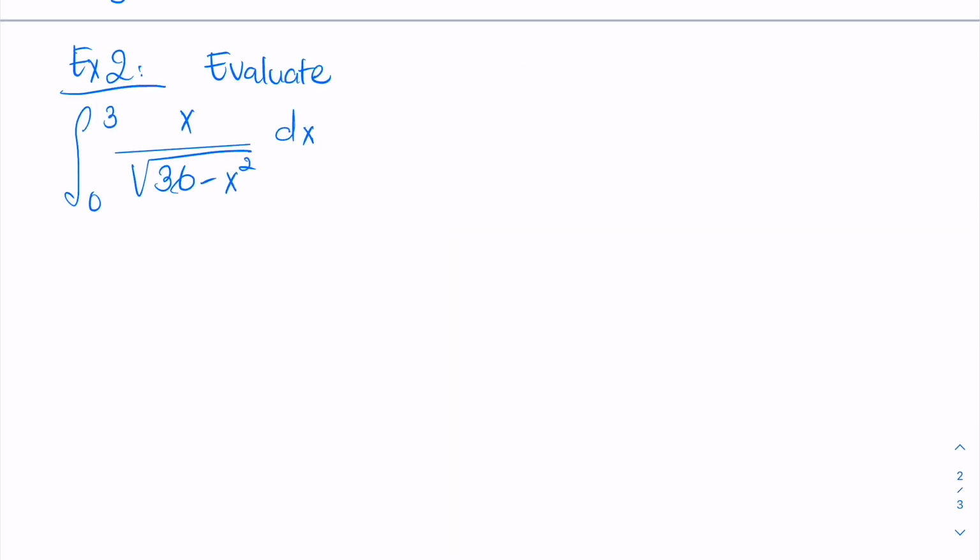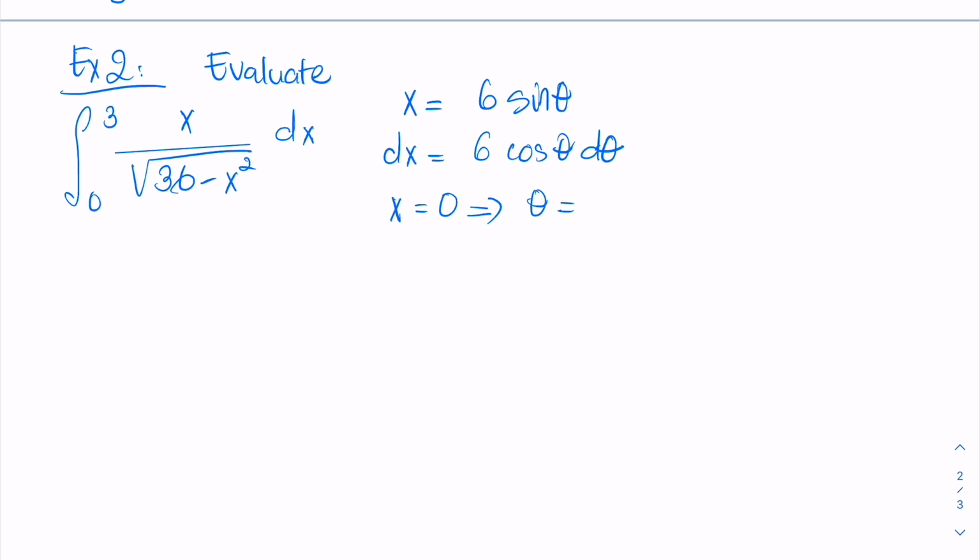I want to try this problem. So hopefully you can see that this part right here resembles the sine. So we're going to let x be 6 sine theta. Therefore, dx is going to be 6 cosine theta d theta. Now, when x equals 0, theta is going to be 0.